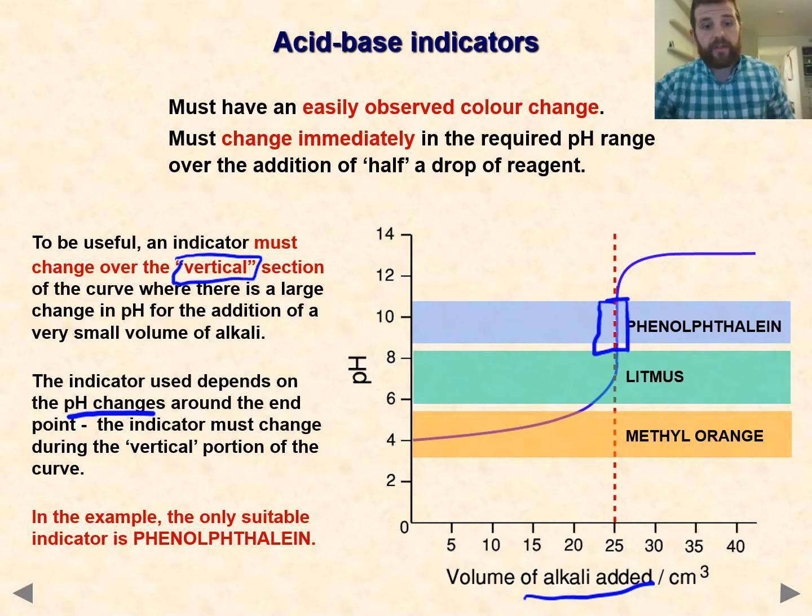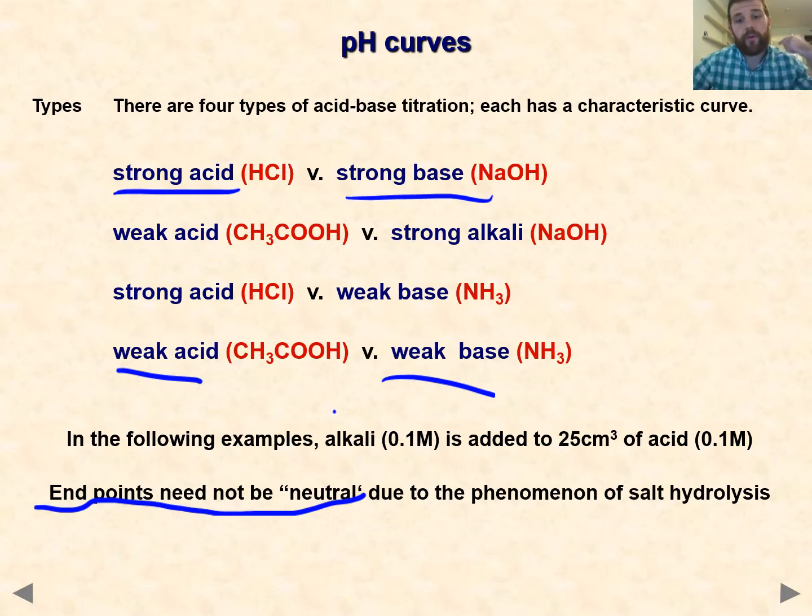The indicator choice is all dependent on the pH that we are focusing on, or where we think that vertical change is going to happen, where that most drastic pH change is going to happen in a titration curve. So there are four types of titration curves: strong acid, strong base; weak acid, strong base; strong acid, weak base; and weak acid, weak base.